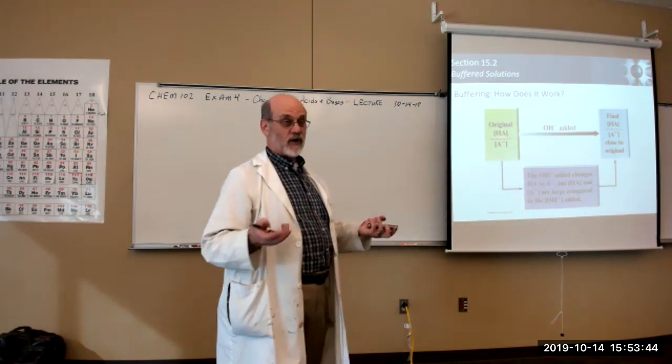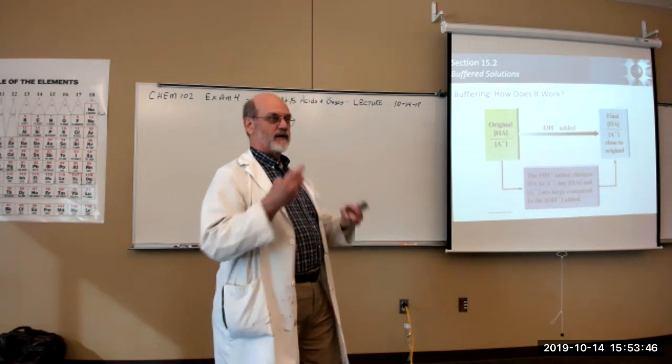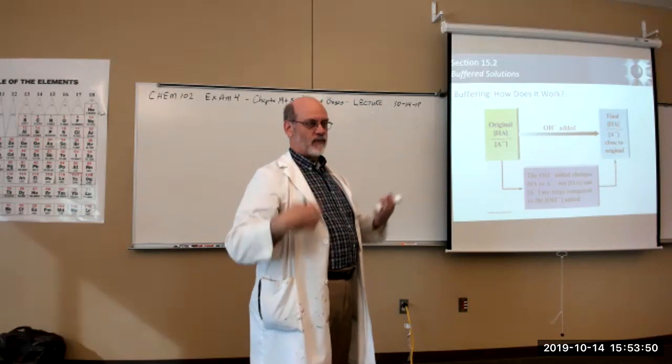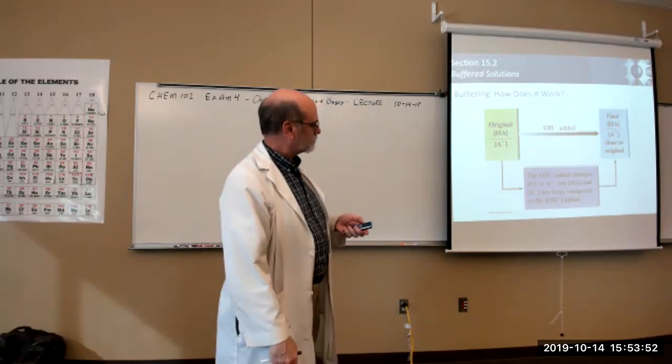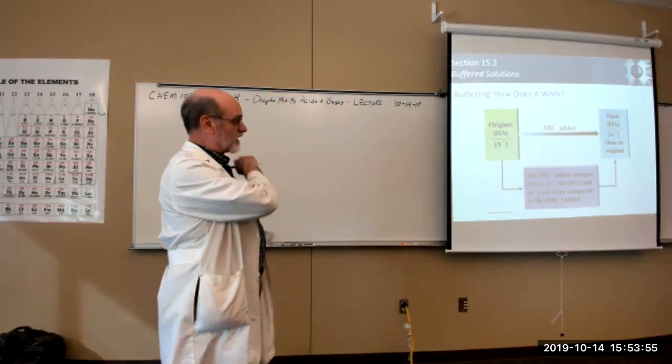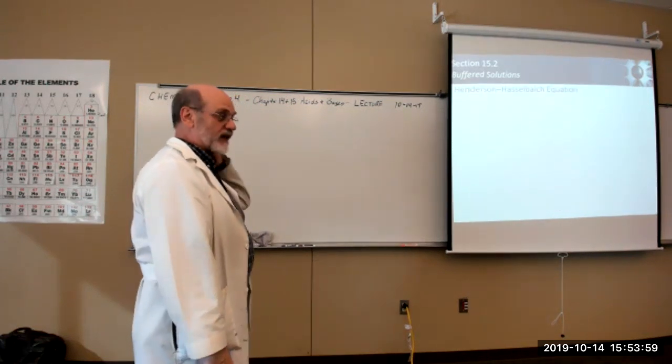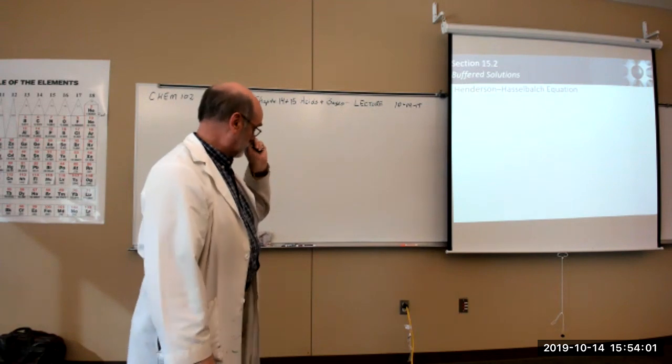You can still have the same ratio, but you have more absolute amounts. That gives you a higher buffer capacity. Now, I'm going to explain that mathematically in just a minute. It has to do with the Henderson-Hasselbalch equation.